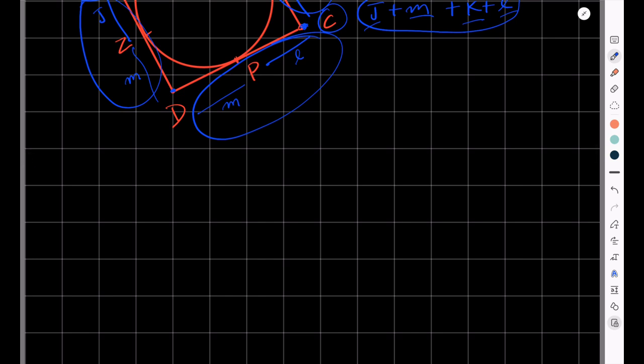The next question, question number 9. Again, there is a little bit complicated figure 10.13, and it says that in figure 10.13, XY and X dash Y dash are two parallel tangents to a circle with center O. Let us make this figure.